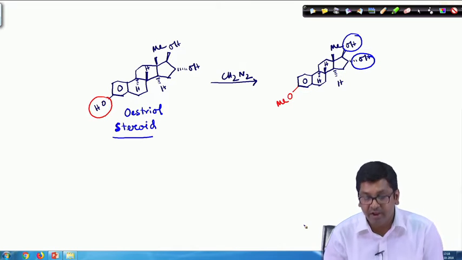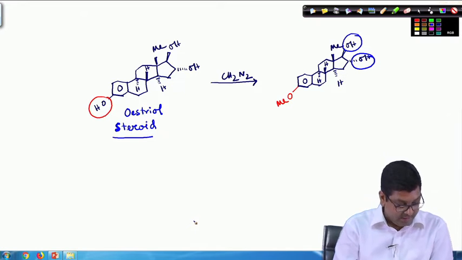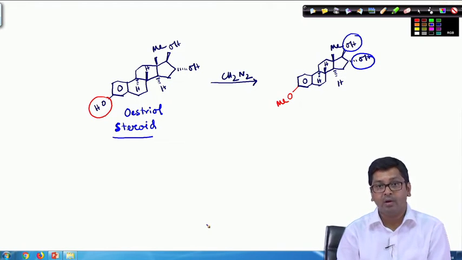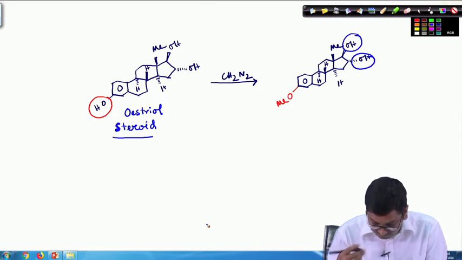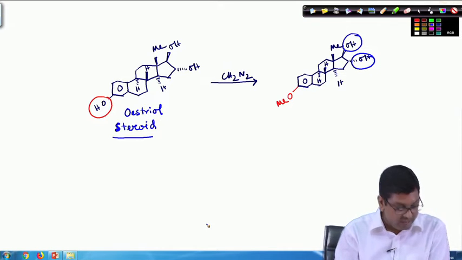Okay. Now, why are we doing so many reactions with diazomethane, or trying to learn the chemistry of diazomethane reactivity? Because the photolysis of diazomethane produces carbene. One of the precursors for generating this carbene is diazomethane.